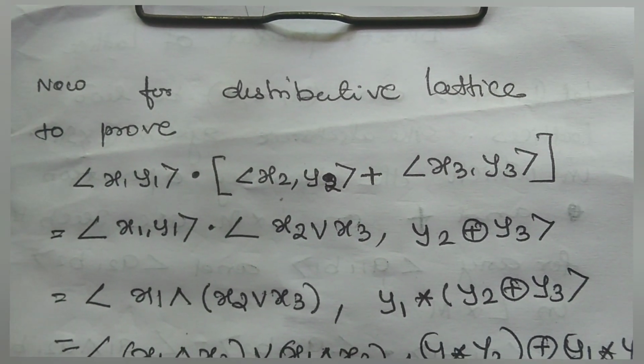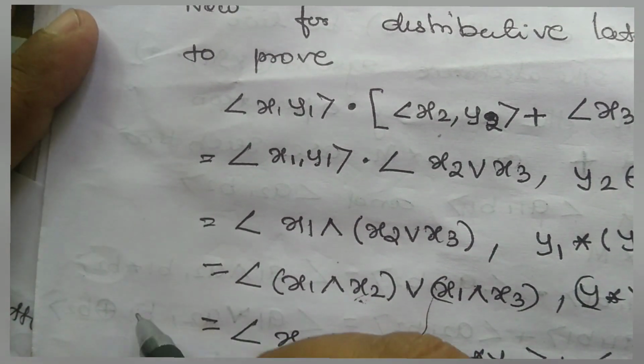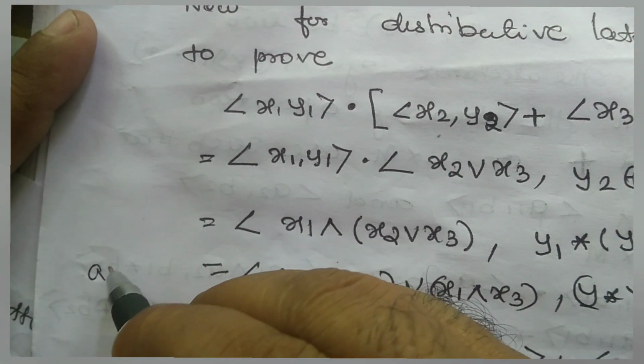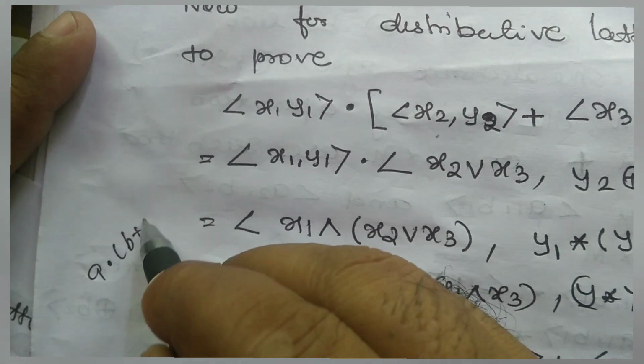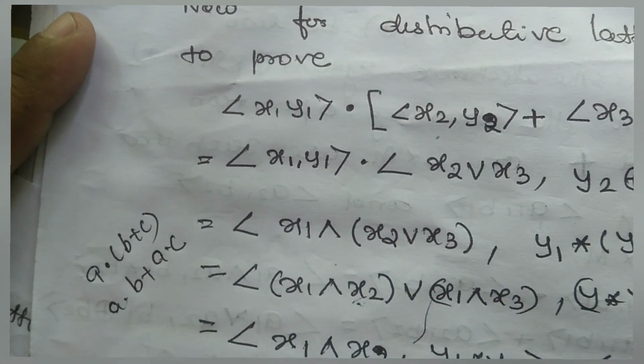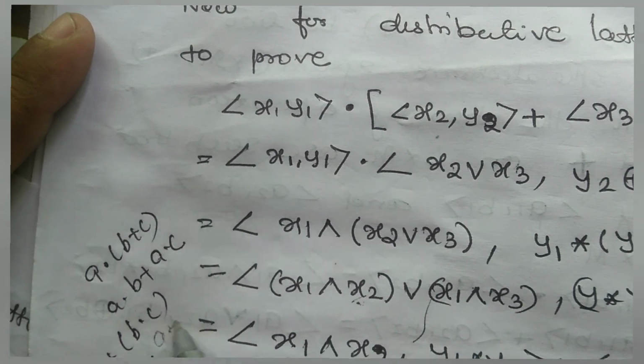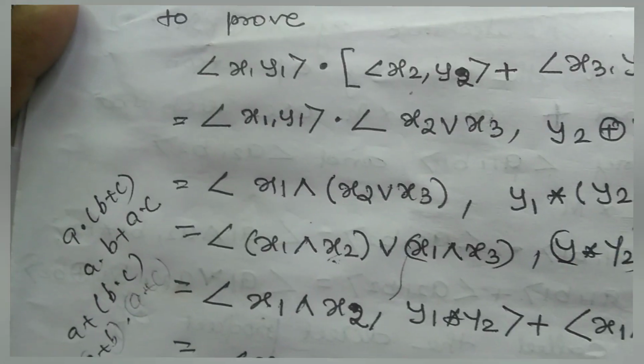So the distributive law is A dot (B plus C) is equal to (A dot B) plus (A dot C), or A plus (B dot C) is equal to (A plus B) dot (A plus C). So this is the condition.